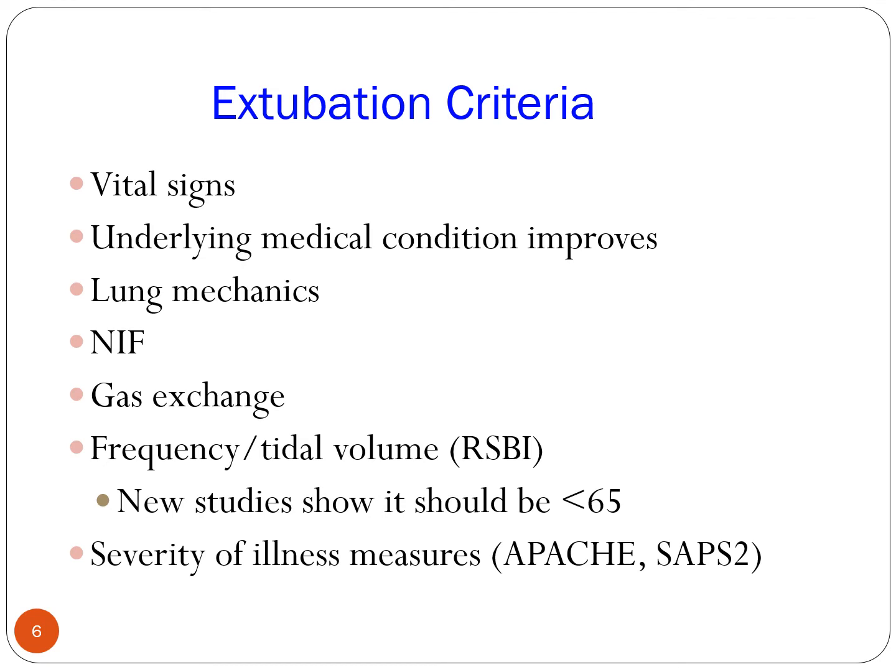Some studies show that you need to have an RSBI less than 65, but I honestly think I was looking for patients in my time that had an RSBI less than 65, and I really didn't see that occur too much.